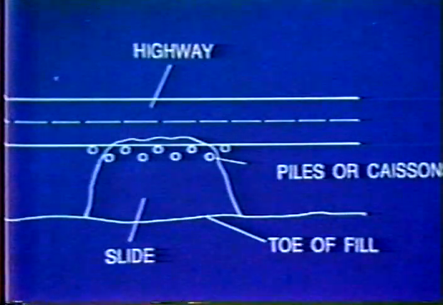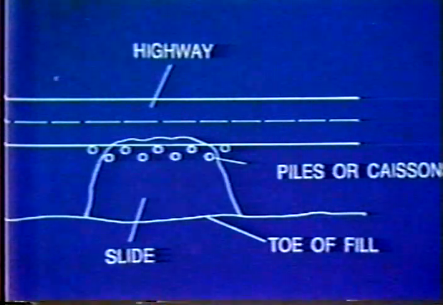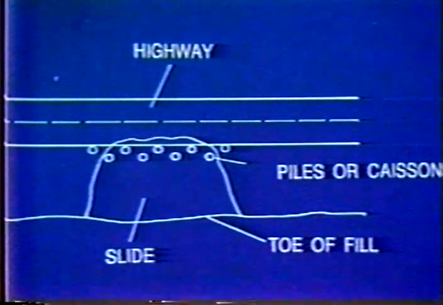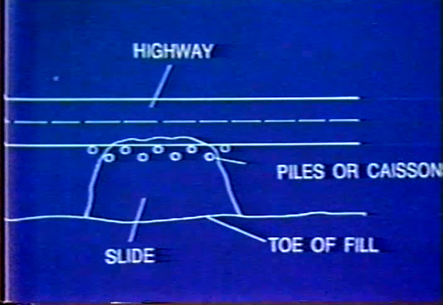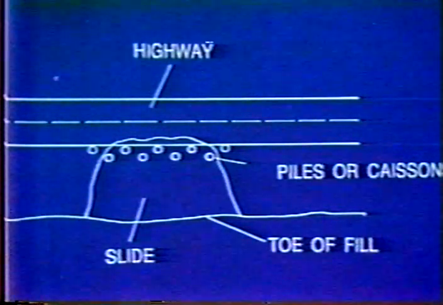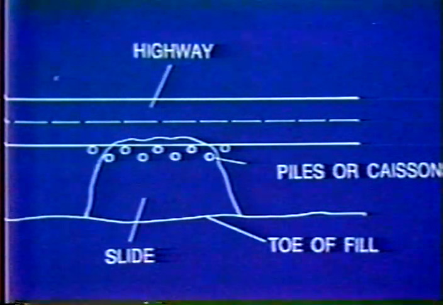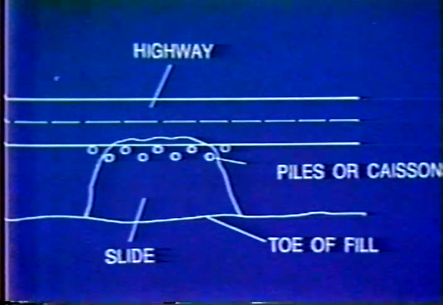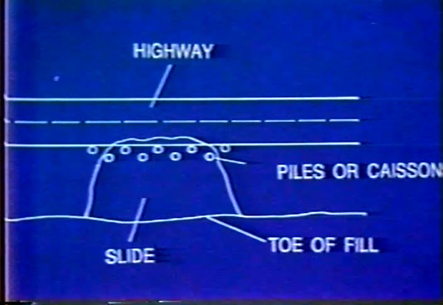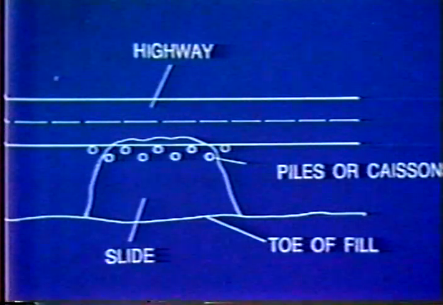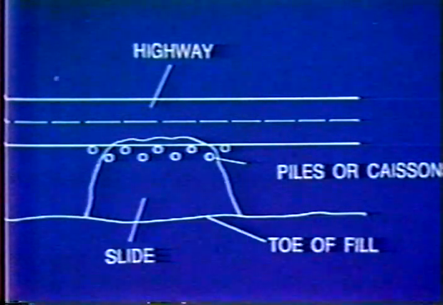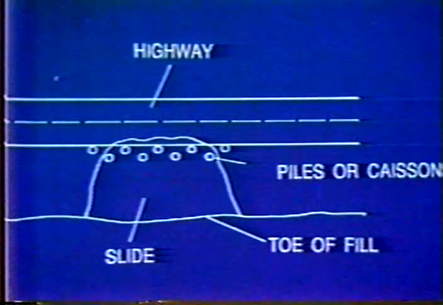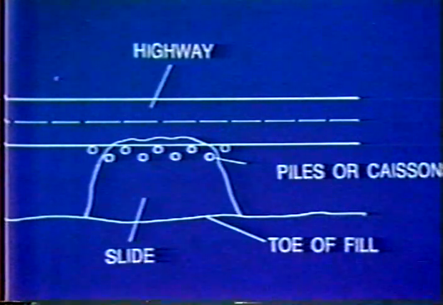Again, this just shows that the piles or caissons are put in rows, and I might mention, I think we need to define what caissons are. Caissons are drilled in. You come out with a drill and drill a hole and you either put some steel in the hole and backfill with concrete, or it could be just all concrete, or you could use a steel cage and drop it in the hole and then backfill with concrete.